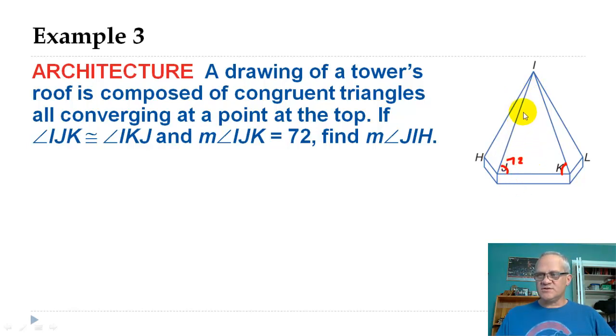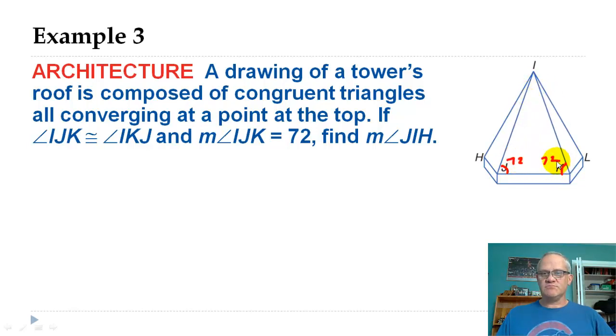Well, I know that this angle IJK here is 72. But because it told me that these two angles are congruent, this angle over here also has to be 72. Okay? So we've got 72 and 72. What do I know about this triangle in general?